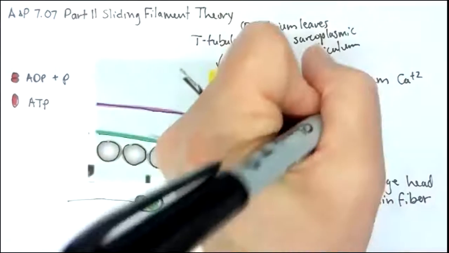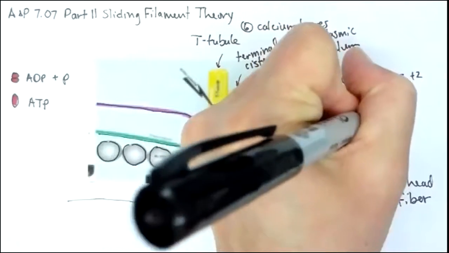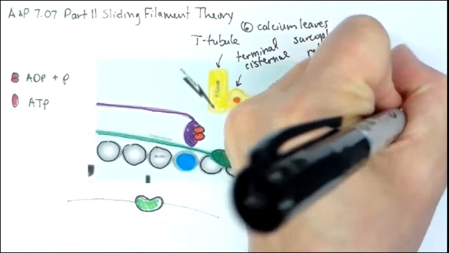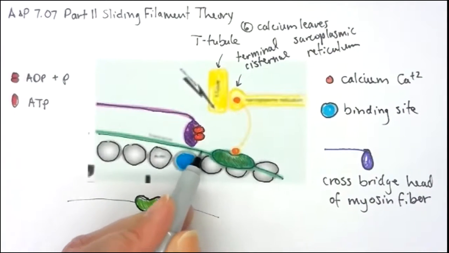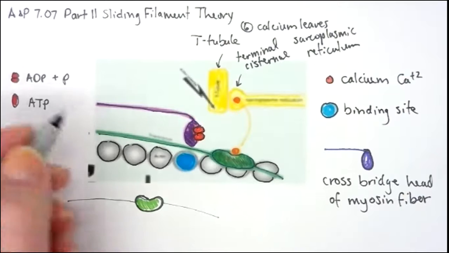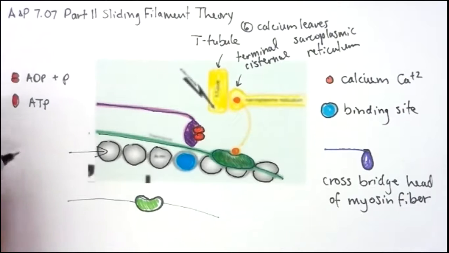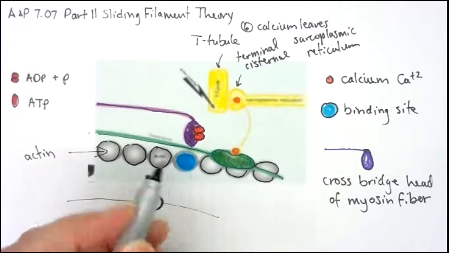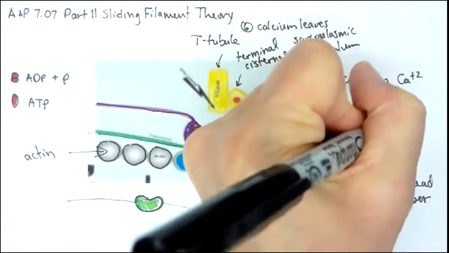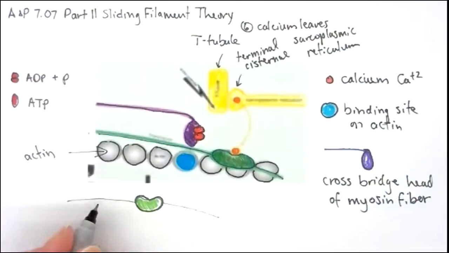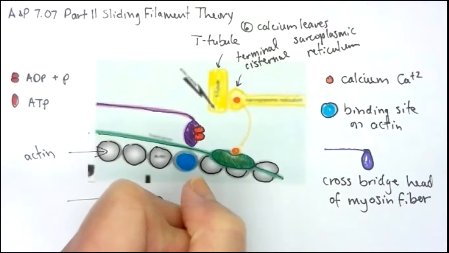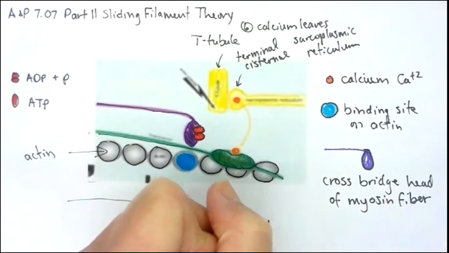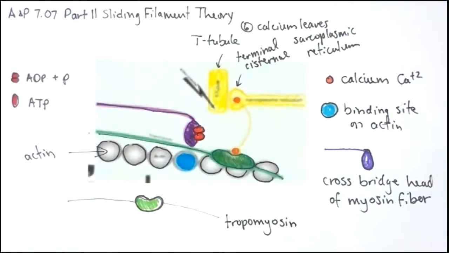The blue dot is the binding site. And currently that binding site is blocked by this filament. This filament down here is the actin, so the gray beads is actin. And the binding site on the actin is covered by the thin filament here, tropomyosin.